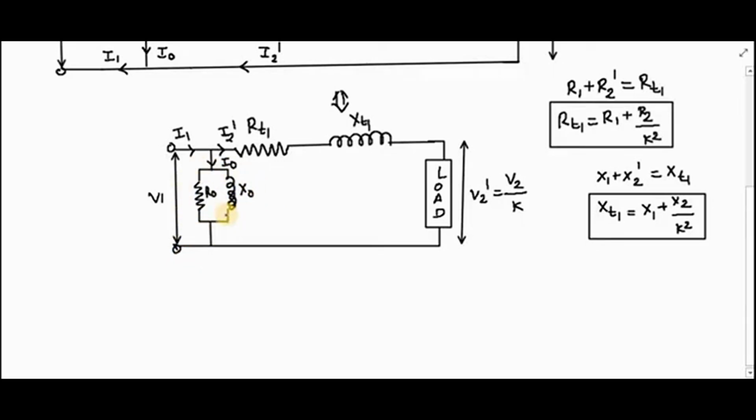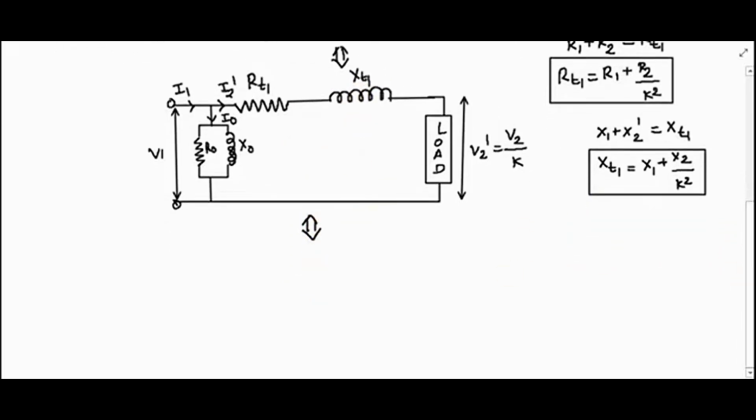So I will now drop the shunt circuit from this approximate equivalent circuit, and we will substitute the primary current I1 for I2 dash directly. So let us draw this circuit again. The equivalent circuit is further simplified by neglecting the shunt branch consisting of R0 and X0.